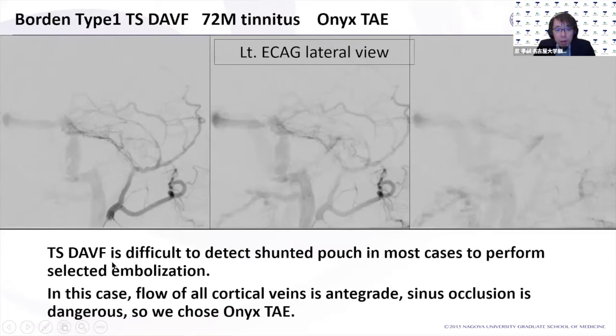Transverse sinus DAVF is difficult to detect a shunted pouch in most cases to perform selective embolization. In this case, flow of all cortical veins is integrated to the sinus. So sinus occlusion is dangerous, so we chose Onyx TAE. The purpose is to diminish the tinnitus.